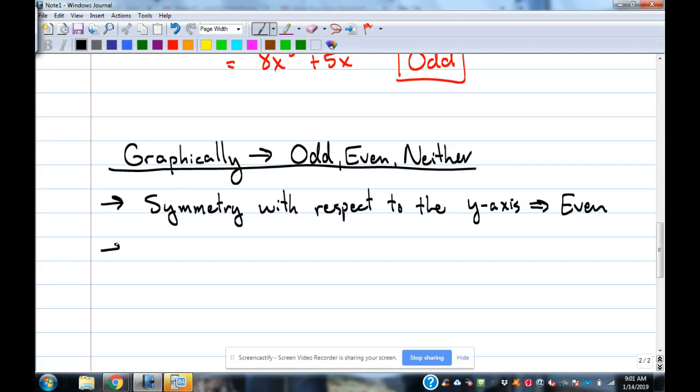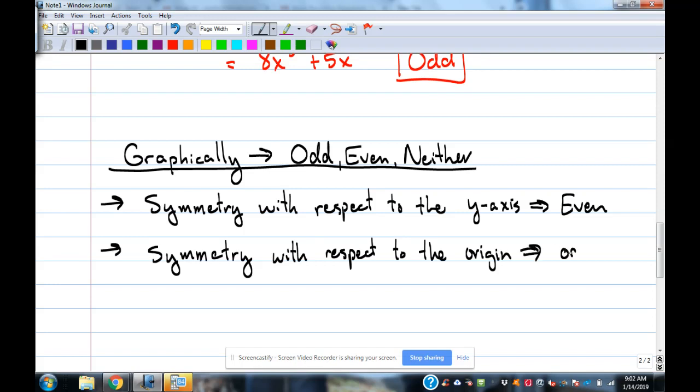And then symmetry with respect to the origin is odd. Capitalize it. And again, to be symmetric about the origin, you got to be able to fold it this way and then again this way, and it match up.